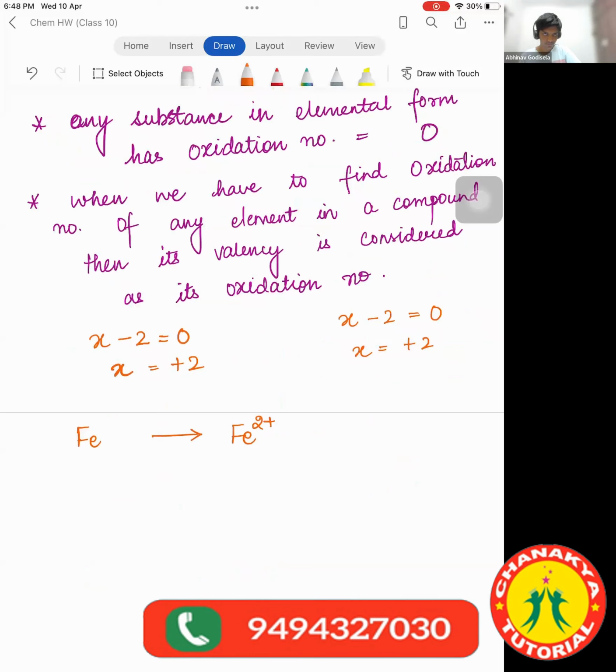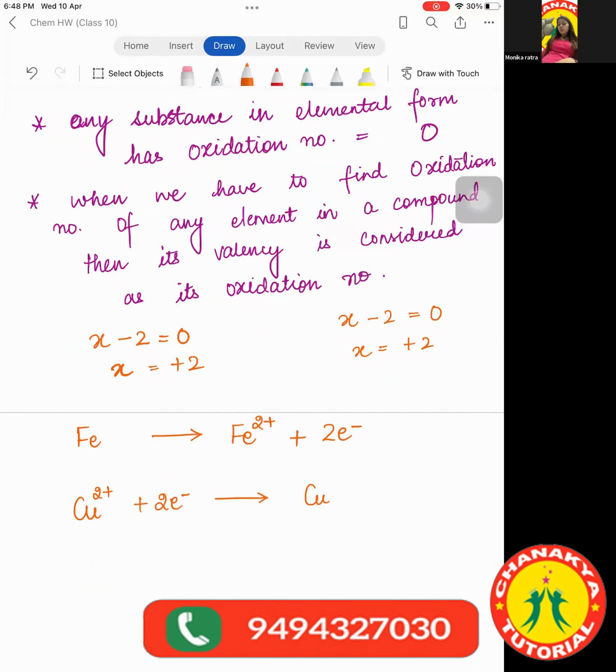Now Fe2 plus means it will have to balance the number of the charges on both sides. It should have 2 electrons, right? And copper was in +2 state in the reactant side and it got converted into copper. So the electrons need to be balanced to balance the overall charge on the reactant side.